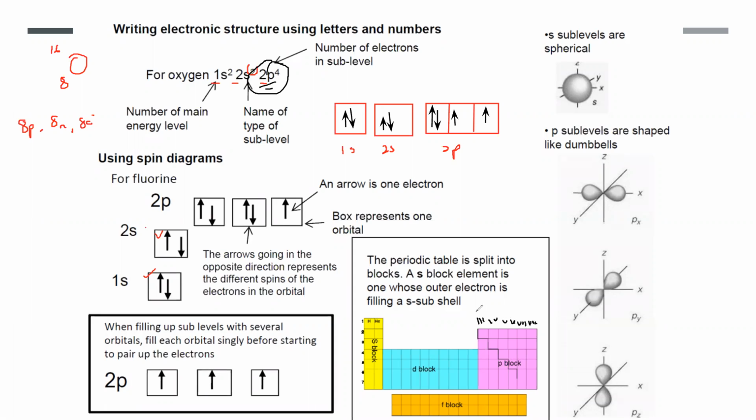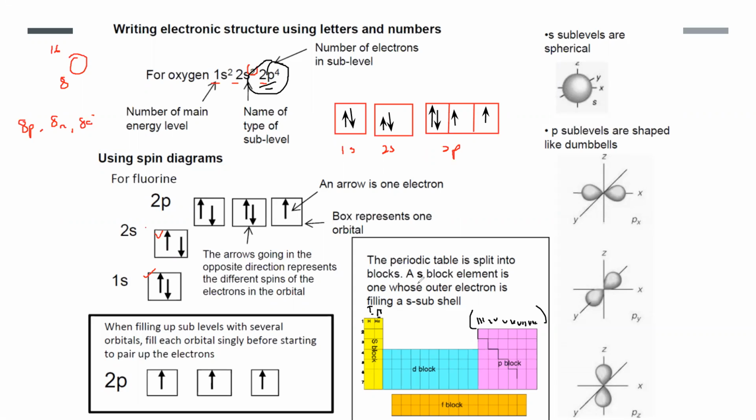So from group 3 to group 8, these elements are known as p block elements. Then groups 1 and 2 are s block elements. Why do we call them s block elements? Whenever you write the electronic configuration, you will find that the last electron is in the s orbital.